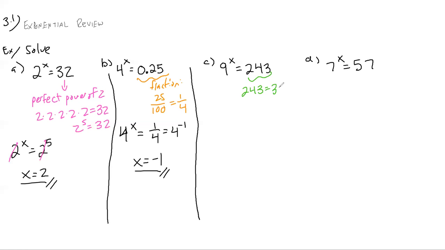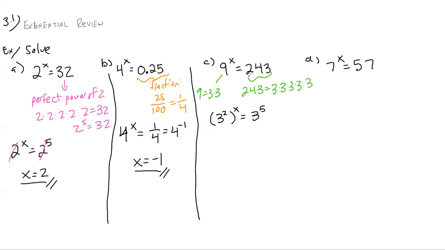So this is 3 times 3 times 3 times 3 times 3. And in fact, what's nice about that is the fact that 9 is also a perfect power of 3. So what we could do is just rewrite both sides using base 3. So I have 3 squared to the x equals 3 to the 5.